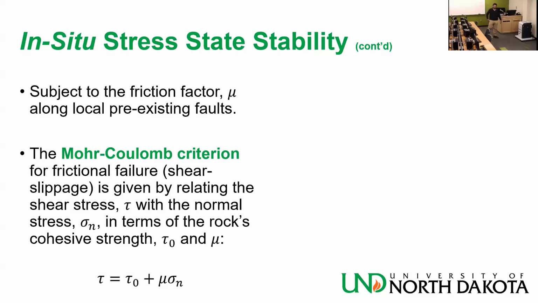For our purposes, it really depends. If you are using a small sample, you can assume that that sample is intact. So a small core, like the ones we use in the lab, we can assume that that core is intact.